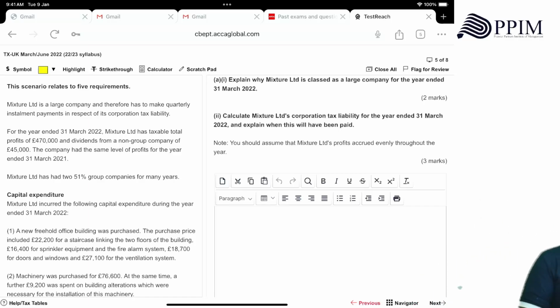Corporation tax. There is a group, so use the formula. Don't worry about the formula, guys.